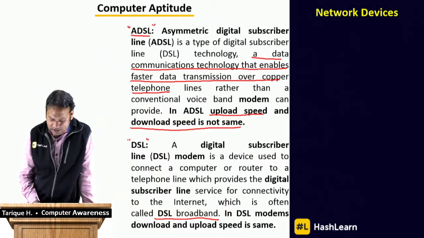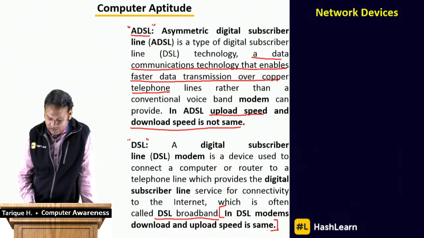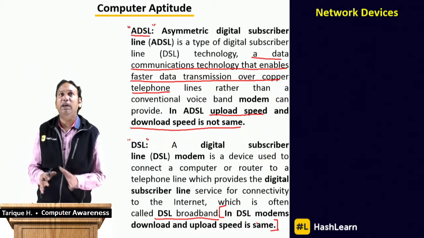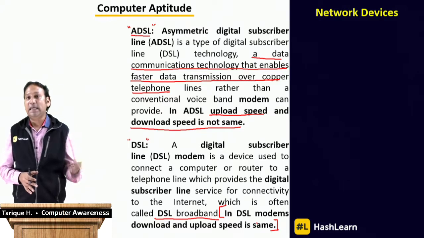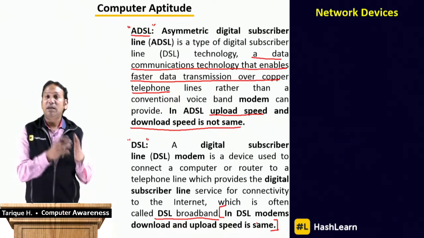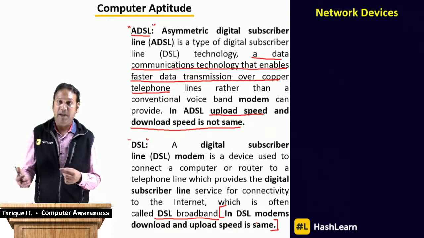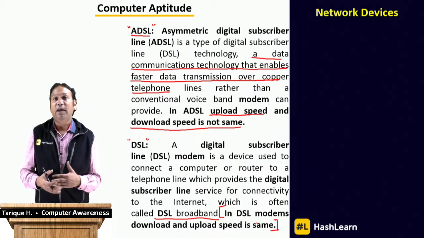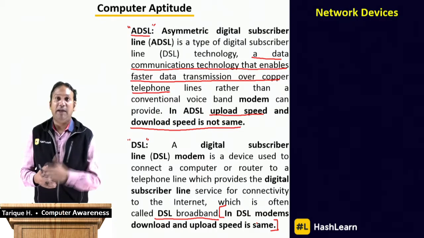Now in DSL modems, download speed and upload speed are always the same. So that's the main difference between an ADSL modem, which is asymmetric digital subscriber line, and a DSL modem, that is a digital subscriber line.